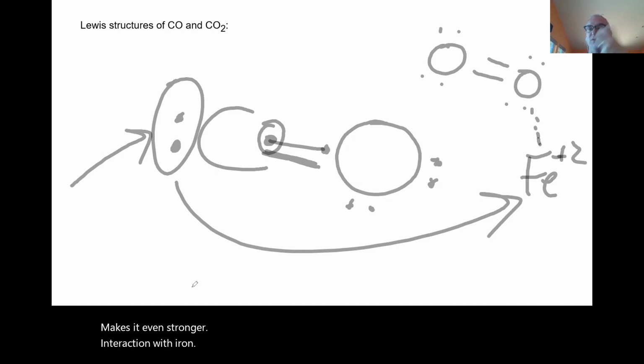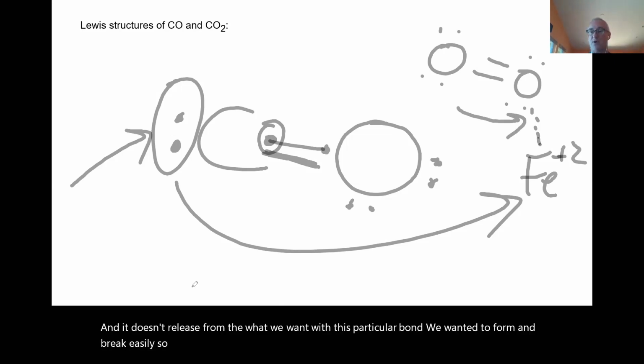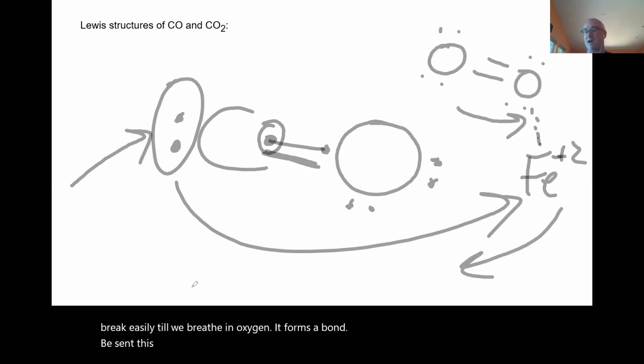And it doesn't release, because what we want with this particular bond is for it to form and break easily. So we breathe in oxygen, it forms a bond. We send this to cells so that it releases the oxygen to the cells for it to use. We want it to bind easily and then release easily.